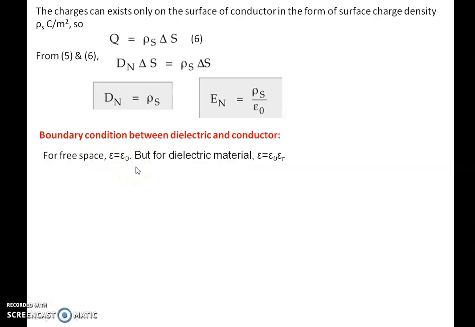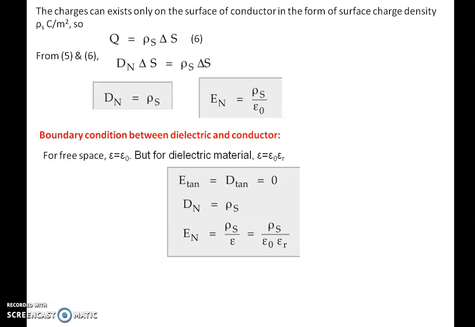So now this equation will change. The tangential component is given by Dtan, which is equal to Etan, which is equal to 0, and Dn is rho s, and En is equal to rho s by epsilon, which is rho s by epsilon naught into epsilon r, because the medium changes from free space to dielectric material. In a dielectric material, the permittivity is the absolute permittivity into the relative permittivity. For free space, the relative permittivity is equal to 1.